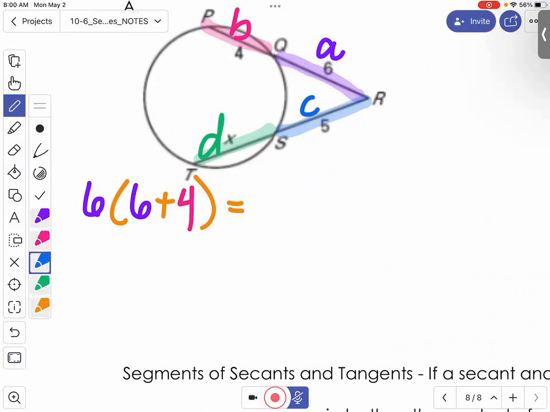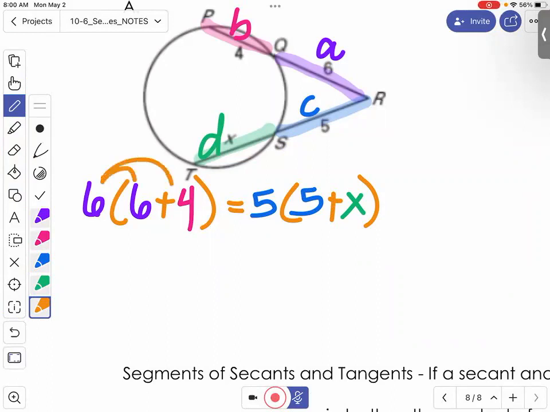My outside piece C times C plus D, or 5 plus X. And very much like the last example we did, you've got constants, numbers outside of these parentheses. So you will have to distribute for both of these sections.